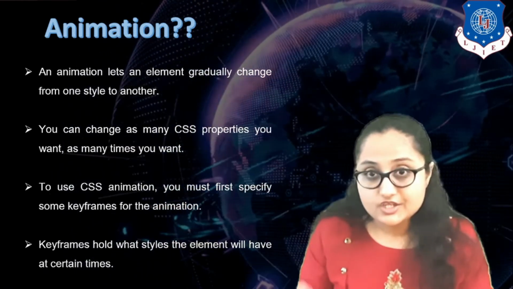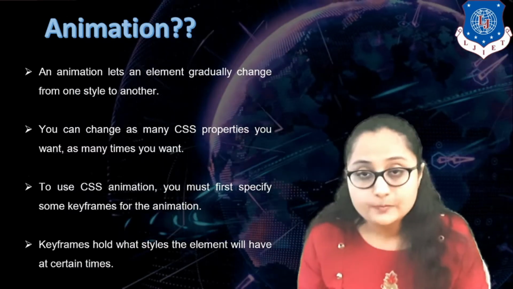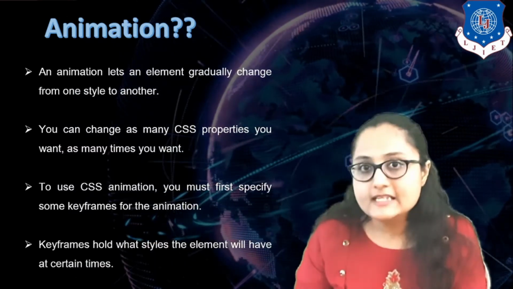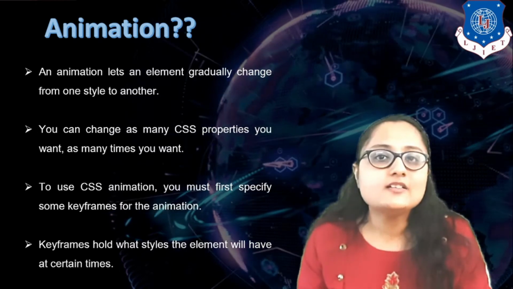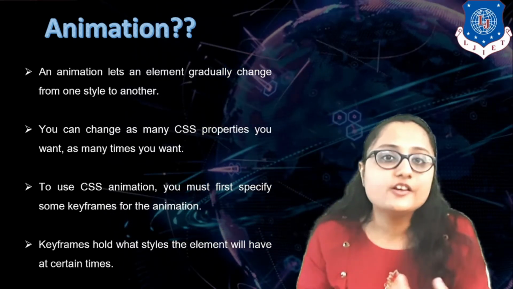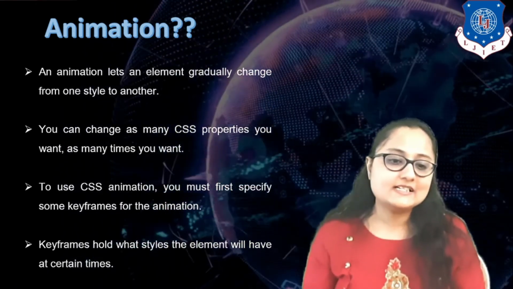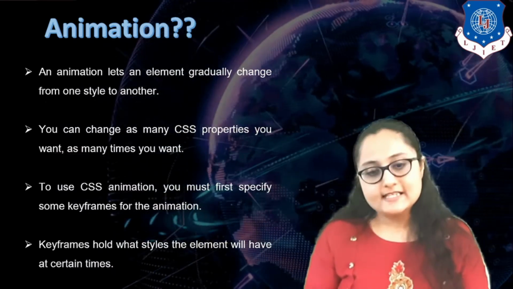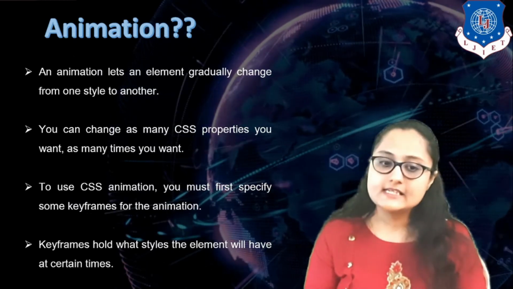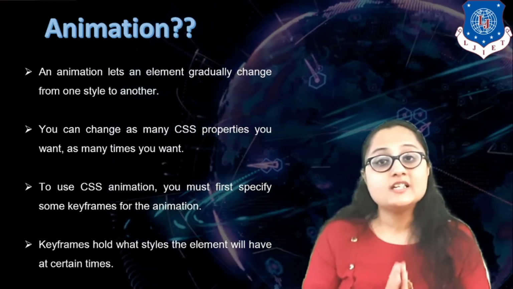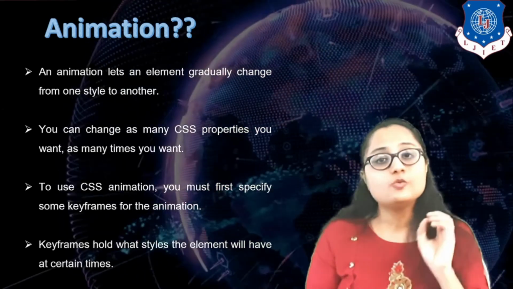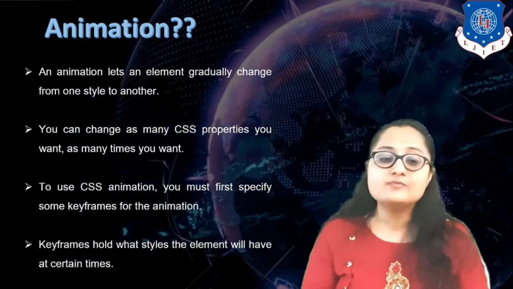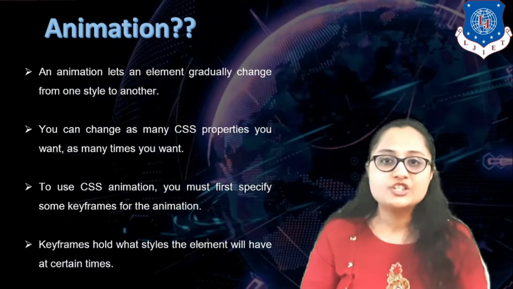That transition from duration 1 to duration 2, visually if you see that change, you can see it as if you are capturing a video, and that is nothing but animation. So if you are talking about CSS animation, you can change as many CSS properties as you want and as many times as you want.